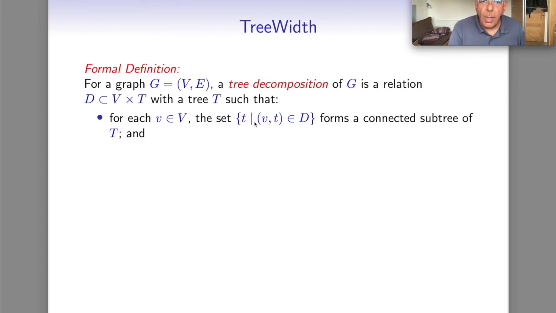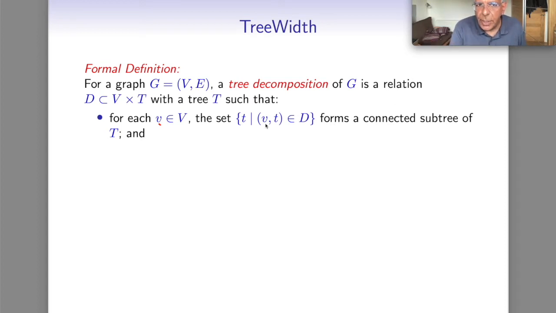Now this says that if you look at every vertex and you look at the collection of tree nodes with which that vertex is associated by this relation D, then it should form a connected subtree of T. So T is again, we can think of it as an undirected tree.